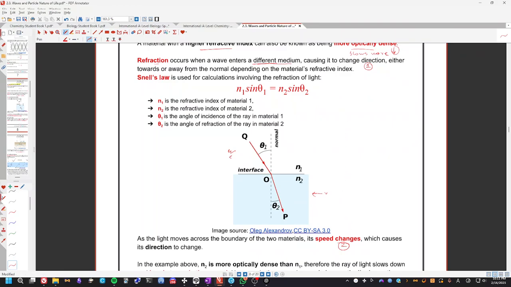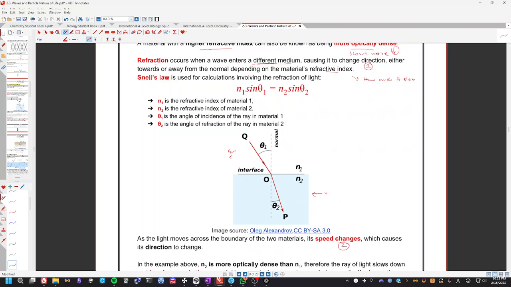Now, when the direction changes, there's 2 things to think about. Which direction it changes to depends on the refractive index. Okay, this makes sense, because refractive index is the property which tells you how much it slows down, right?